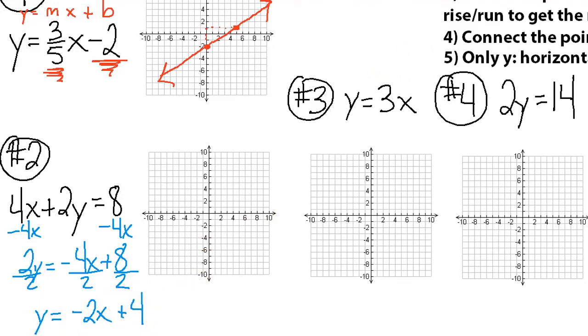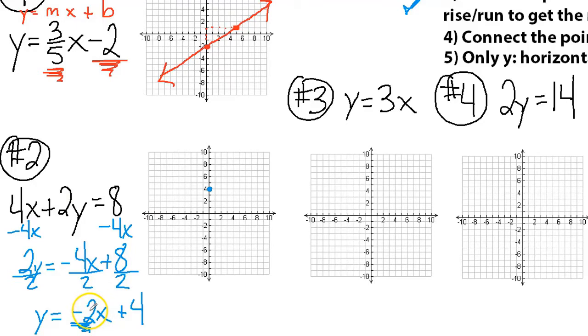Y is by itself. Step number 2, I need to graph the y-intercept, the number that's not with the x. So that's a 4. So right here's my y-intercept. Good. Next thing I need to do is from this point here, I need to use the slope. Now the slope is the number with the x. So this is my slope, the -2.